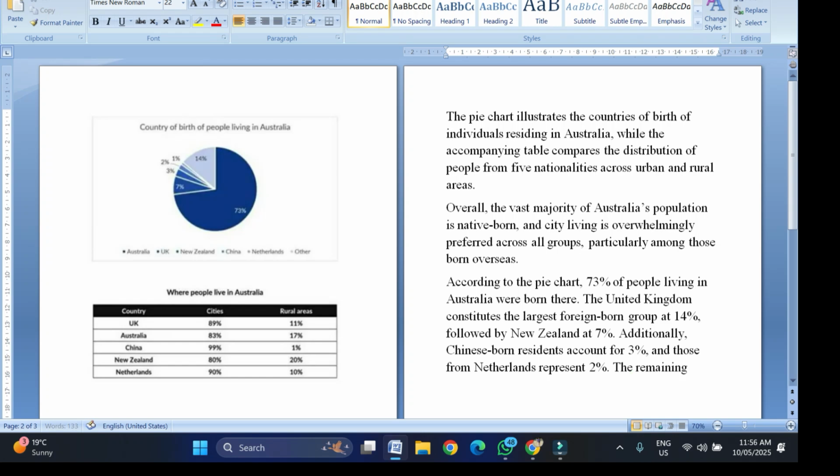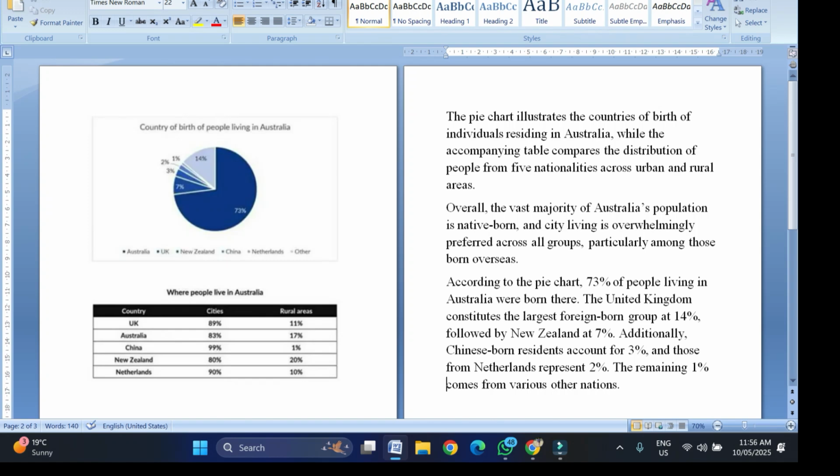The remaining 1% come from various other nations, right? The remaining 1% comes from various other nations.